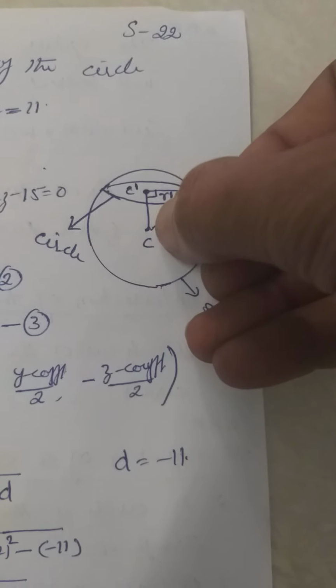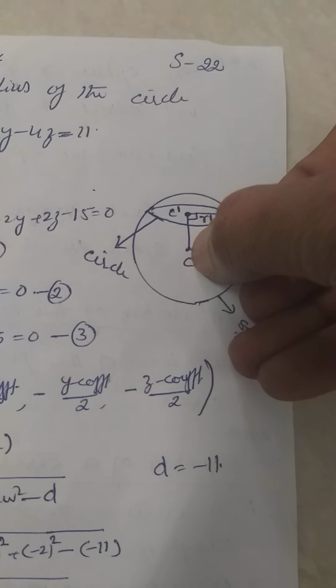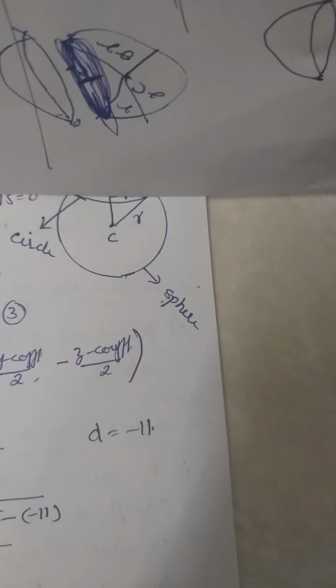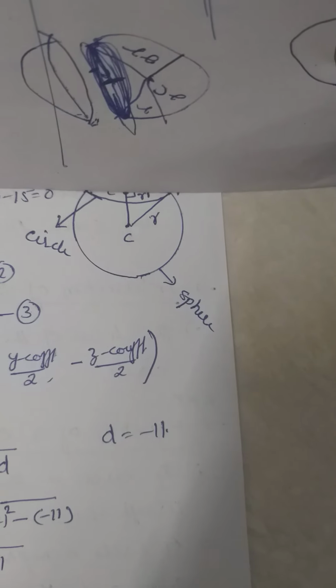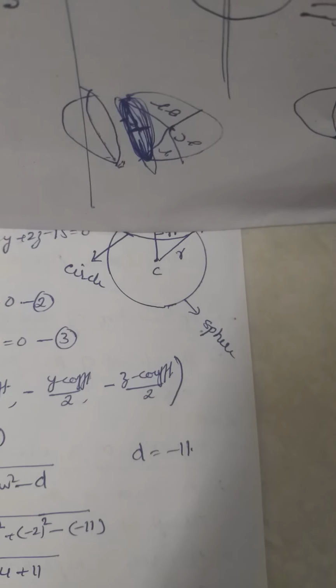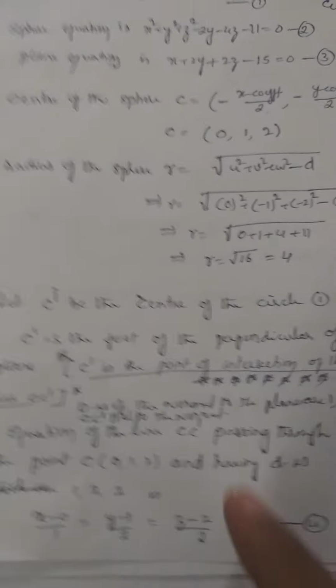See, this CC dash is a line. We drew a line. This line is passing through the points C and C dash. Now this line and the plane, the paper is a plane, no, both are intersecting with each other, right? That point of intersection is the center of the circle, remember.